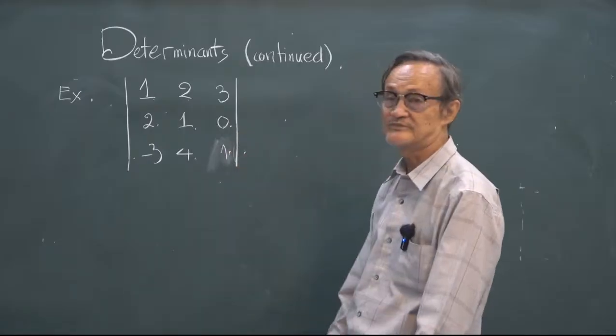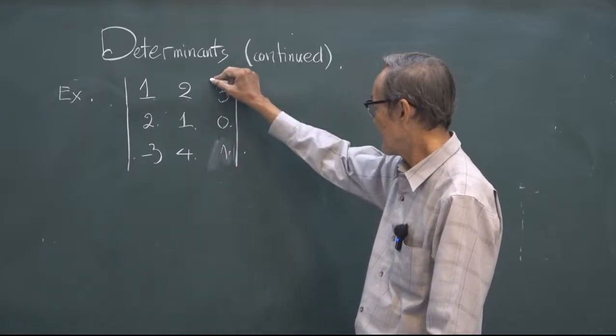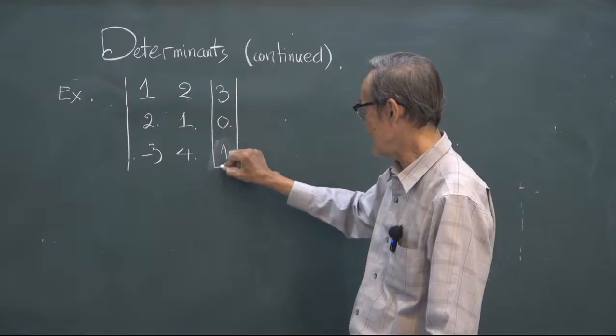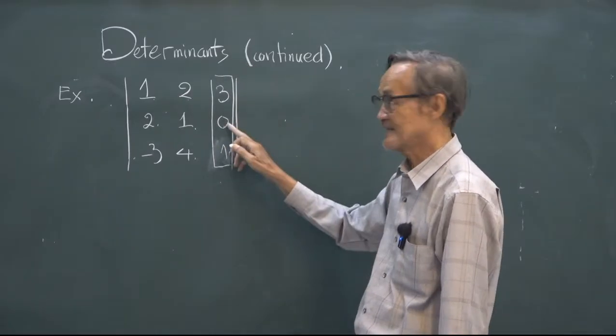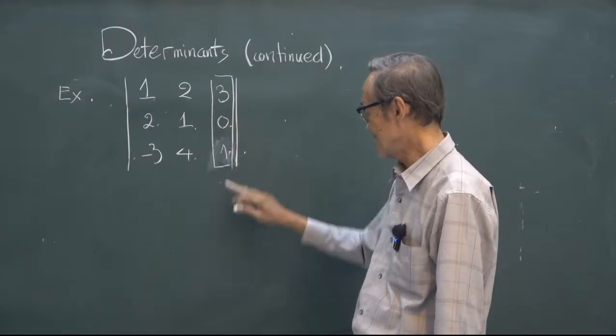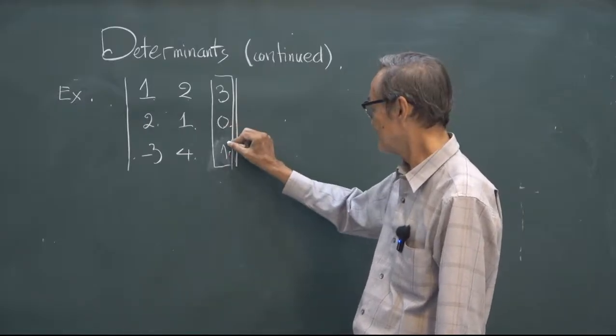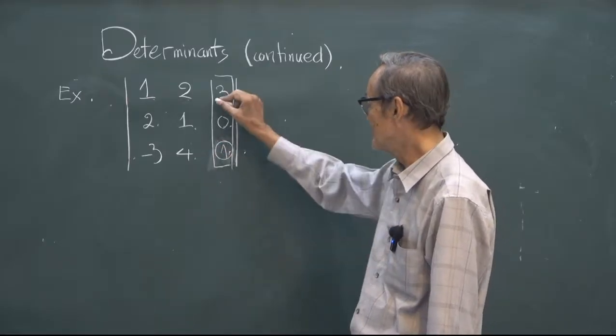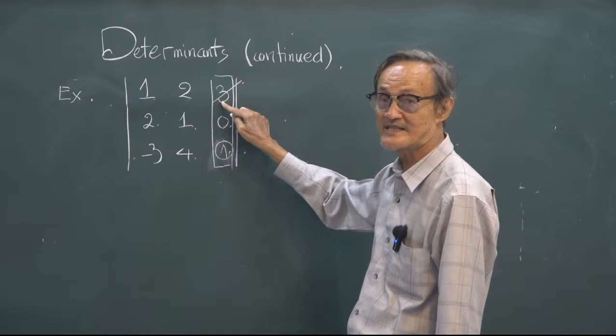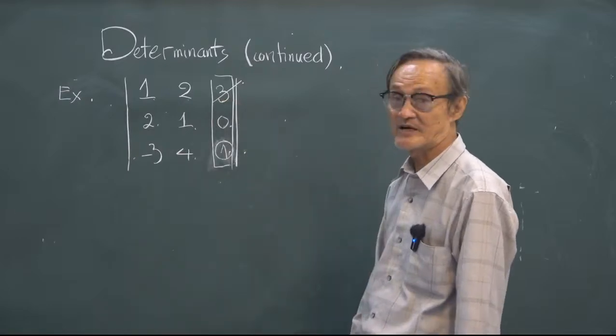One. We can expand by the third column because it contains 0 and 1. We use this number 1 to transform this element into 0.